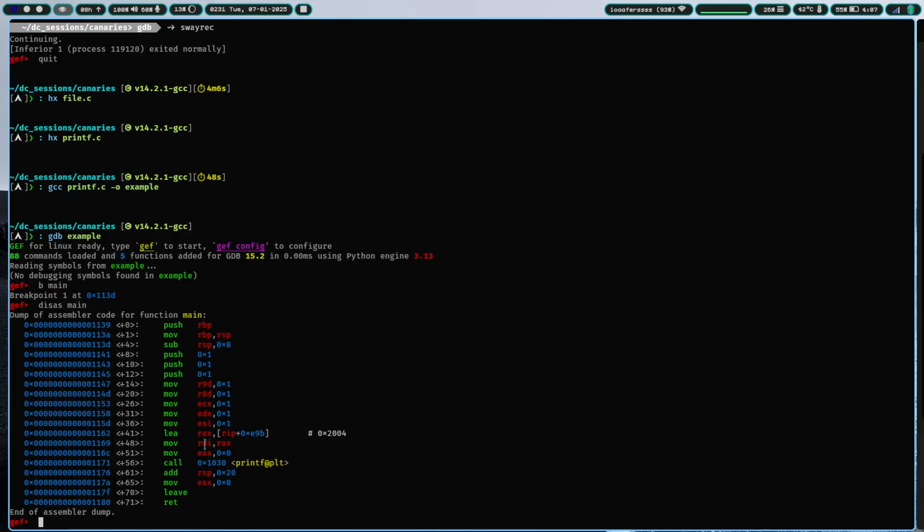So finally we call printf. So we have one, two, three, four, five arguments, 1 to 5 in registers, and arguments 6, 7, 8 on the stack, and the format string in RDI.